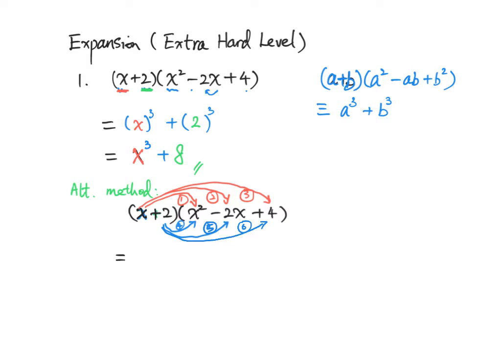x times x² gives us x³. x times negative 2x gives us negative 2x². So this is the first one, this is the second one. And x times positive 4, which is positive 4x, this is number 3.